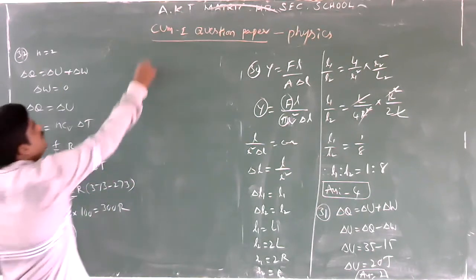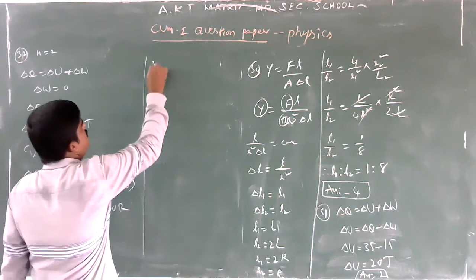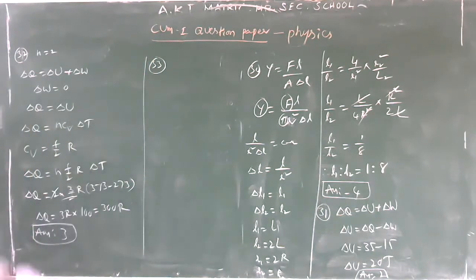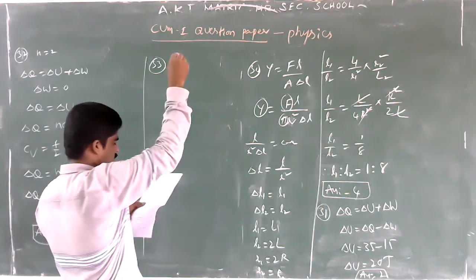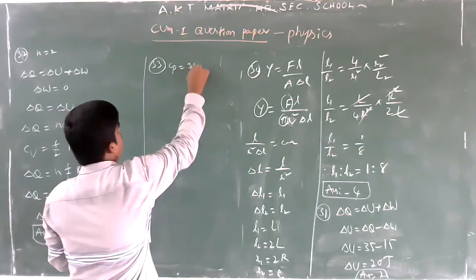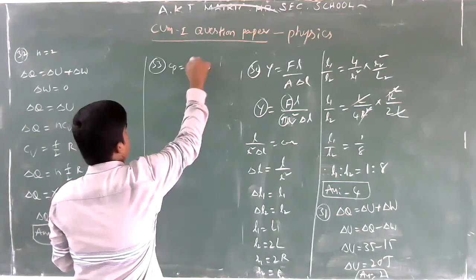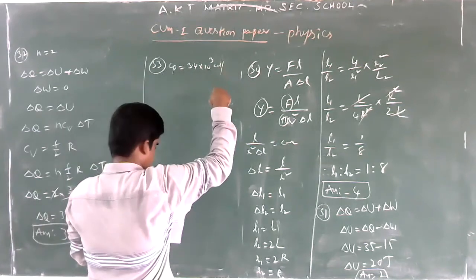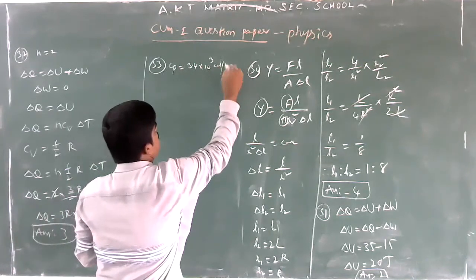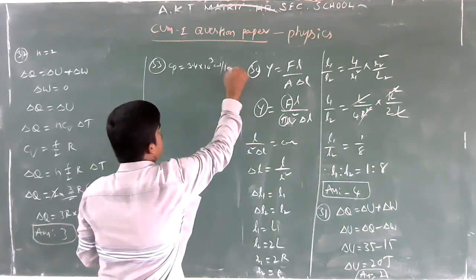Next, 33. The specific heat of hydrogen gas at constant pressure Cp is 3.4 into 10 to the power of 3 calorie per kg degree Celsius.